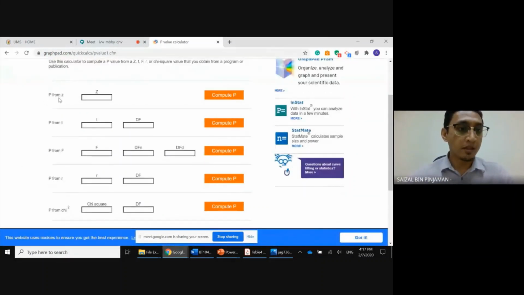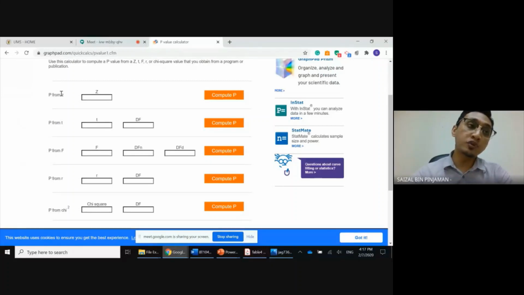So here we can convert the p-value from certain z, just like before. Remember when we tried to answer question 8 and question 7, we used the manual method by referring to the distribution table.